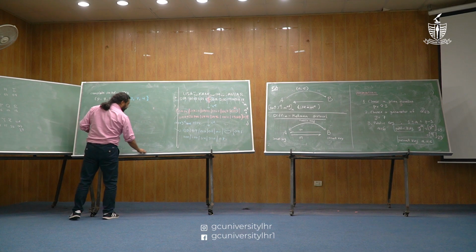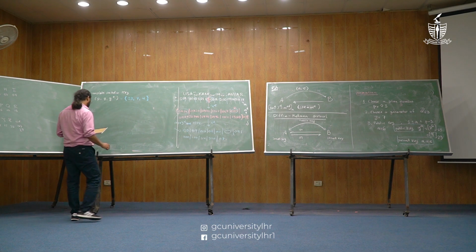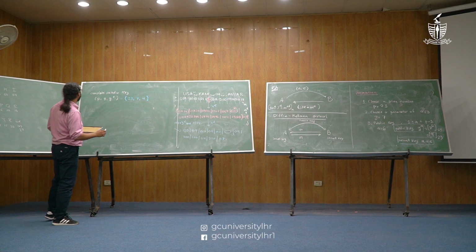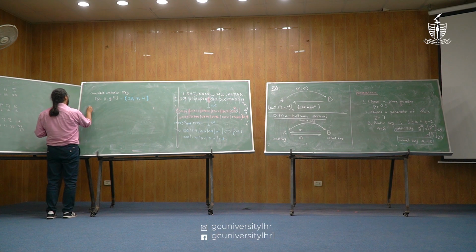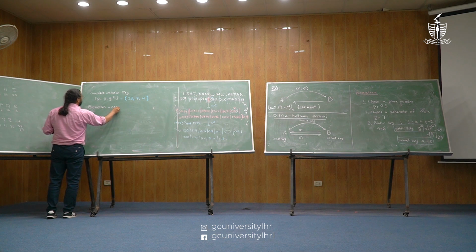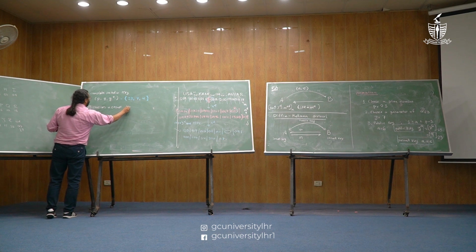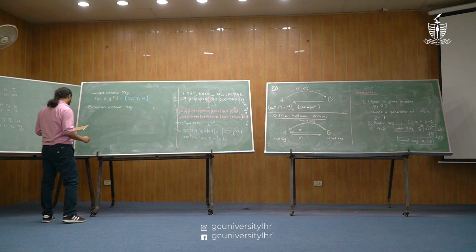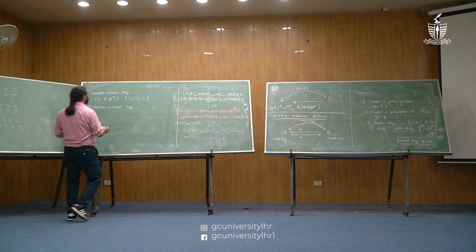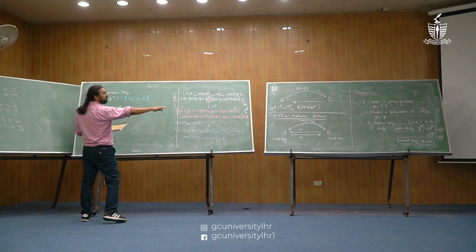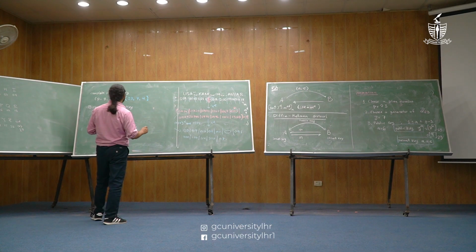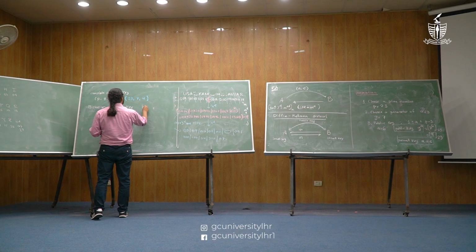And now Bob also has to choose a secret key. Sorry, B chooses a secret key, likewise, just as Alice did. B equals 3, for example.